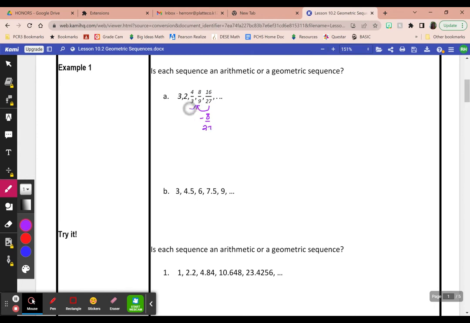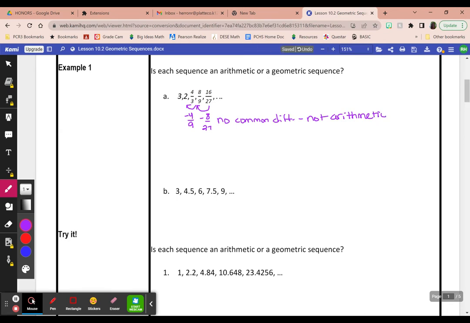Then if you do the same thing, 8/9 minus 4/3, you're going to get negative 4/9. So these are not the same, no common difference, which means it can't be arithmetic, okay? So not arithmetic, which means it has to be geometric, but let's figure out what the ratio is.